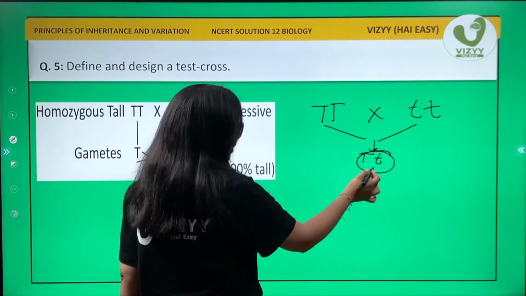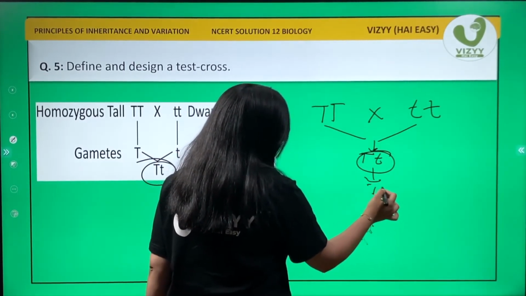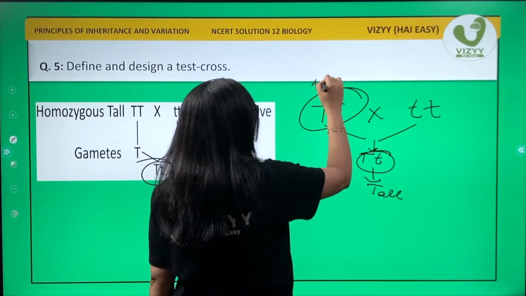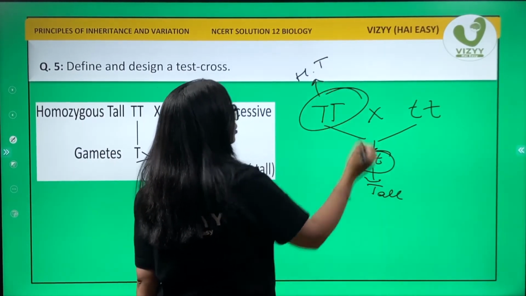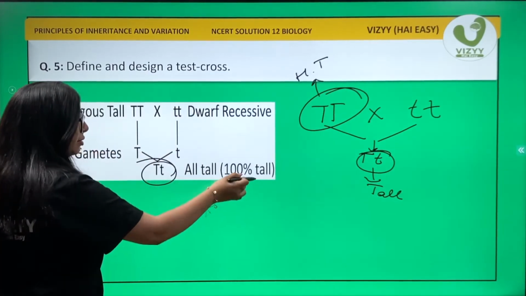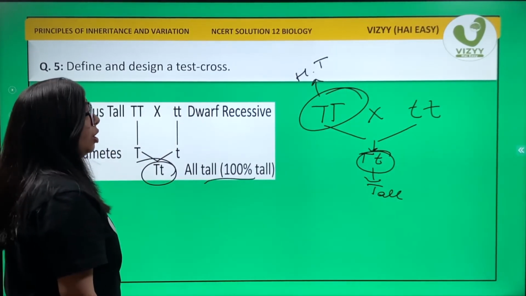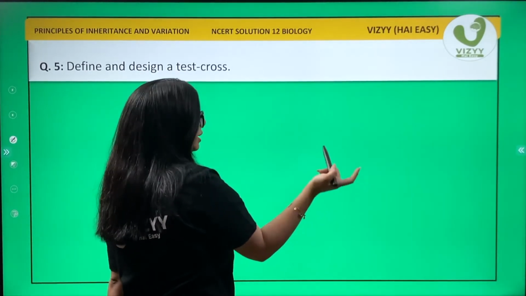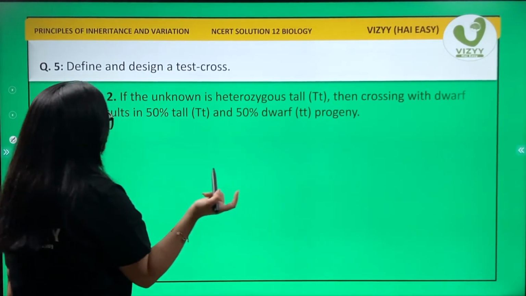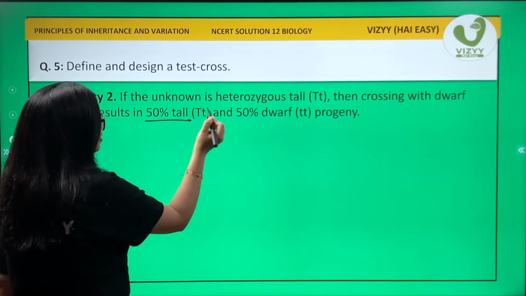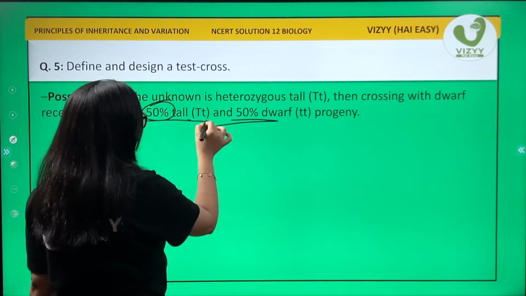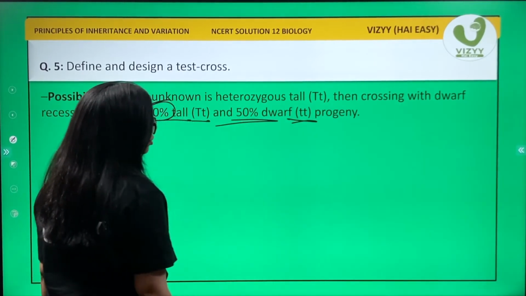Okay, so this plant is tall. Now the parent here could be homozygous tall. So, 100% of all of them are tall. But if this parent is heterozygous tall, then the ratio would be 50% tall and 50% dwarf.